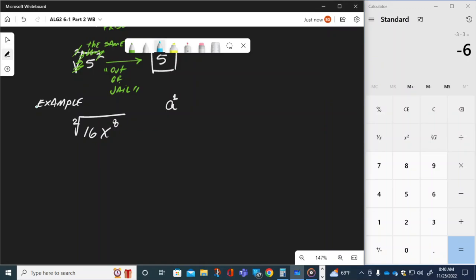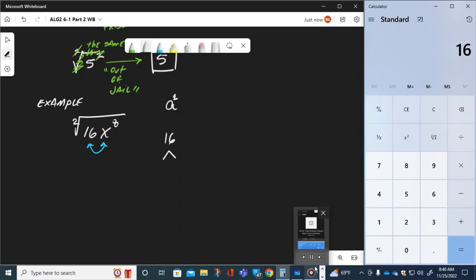So you are going to take these two terms, the variable and the number, and you are going to separate them. You're first going to take the 16 and do prime factorization on the 16. And if you're not too good with factorization, you can always use a calculator.